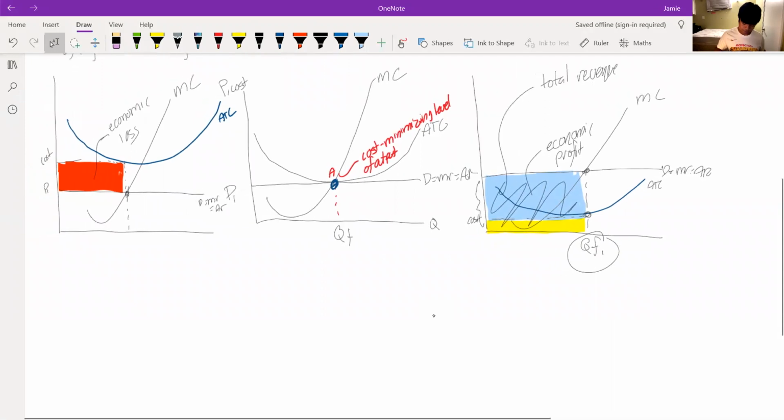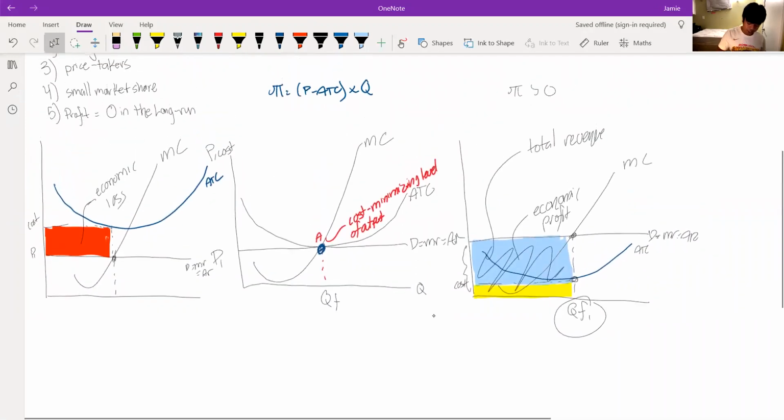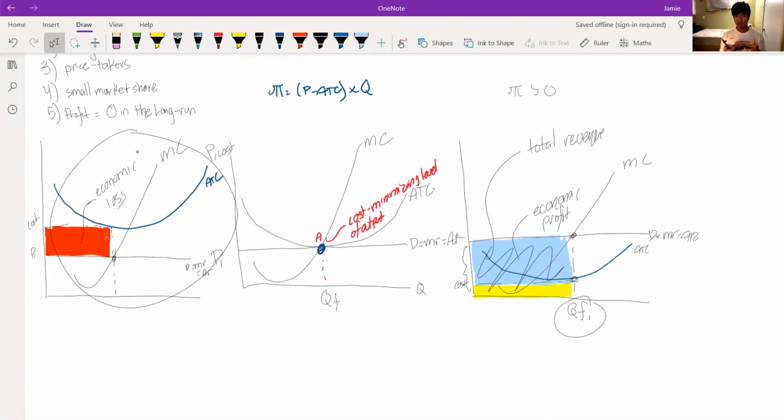One more thing. In the case here, I mentioned that if prices are above the minimum average variable cost, they're going to continue to produce in the short run, but exit in the long run. However, let's redraw this graph.